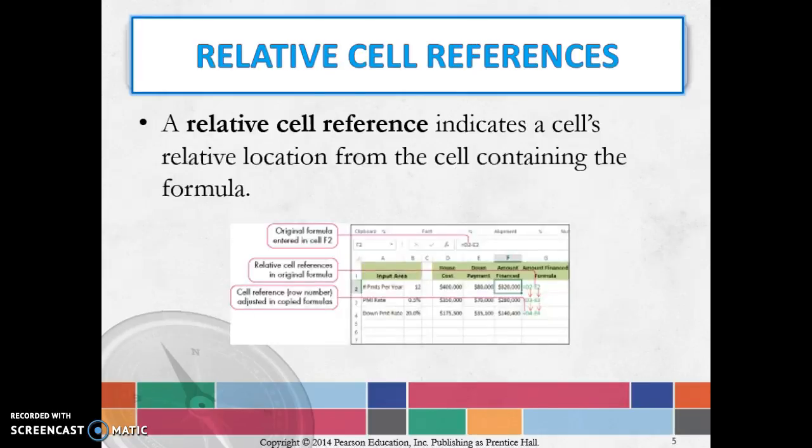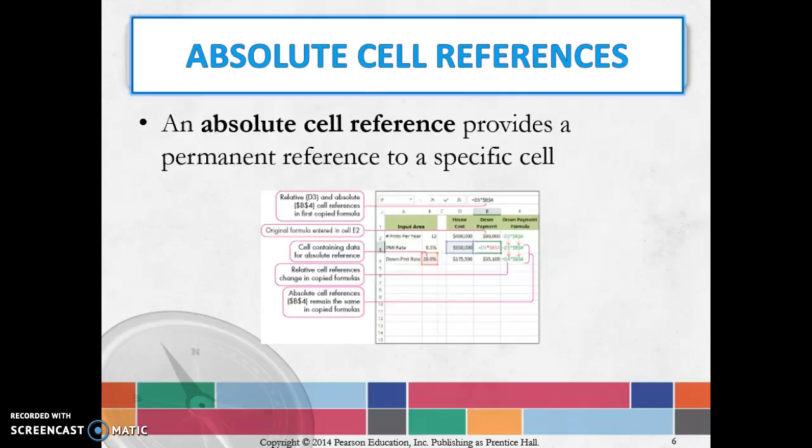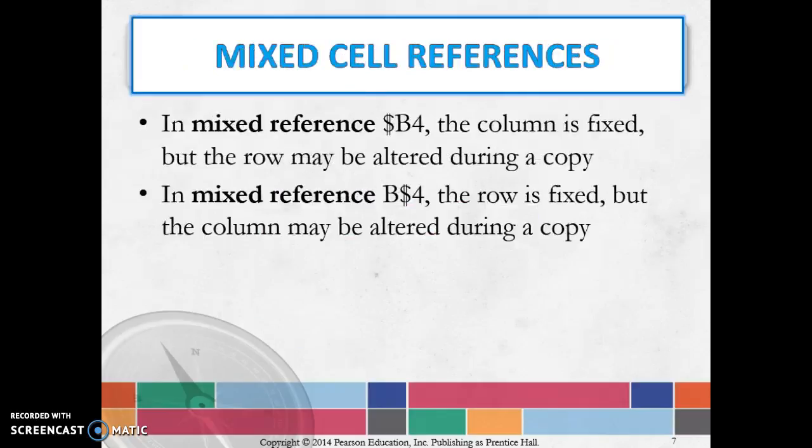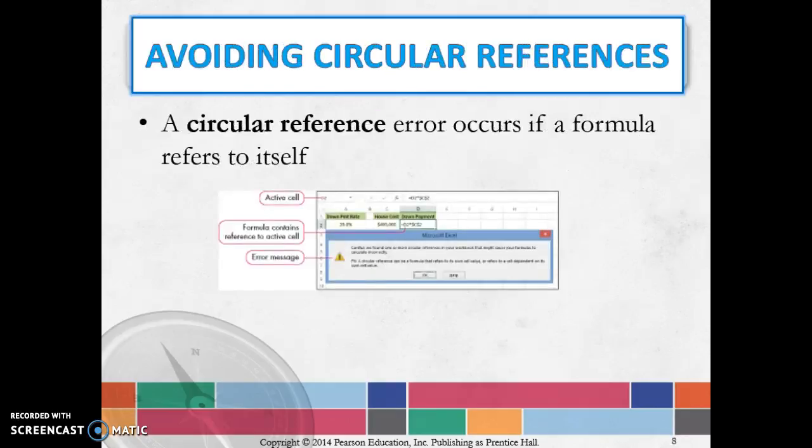Now, they're going to go through and give you some examples of how that would work. So there's some examples of a relative cell reference, an absolute cell reference, and a mixed cell reference, and how those are going to actually work in a spreadsheet. And then they're going to talk a little bit about what we call avoiding circular references.